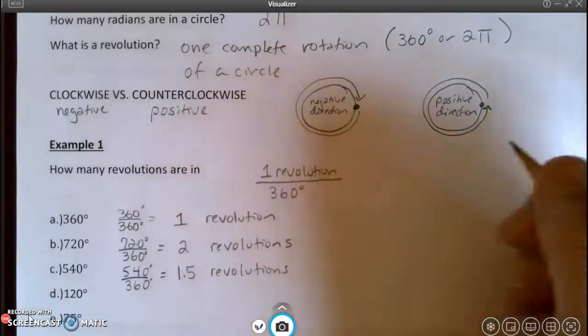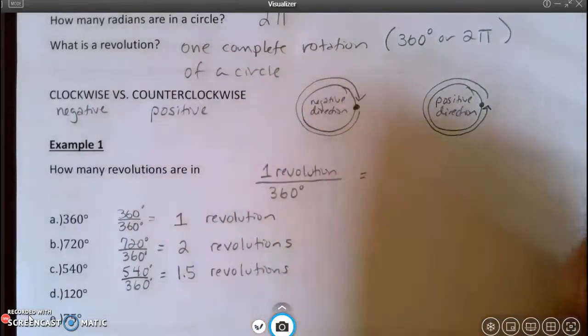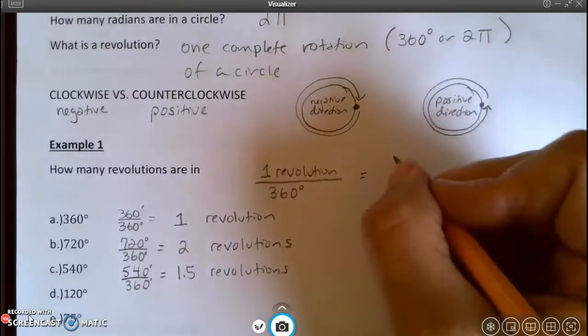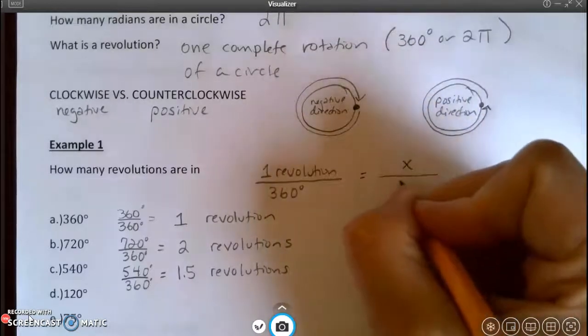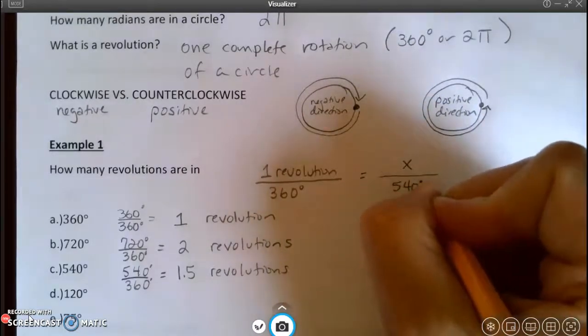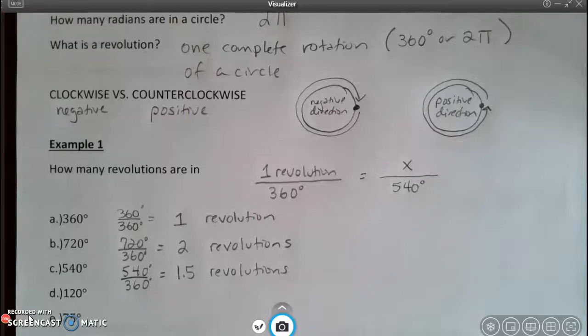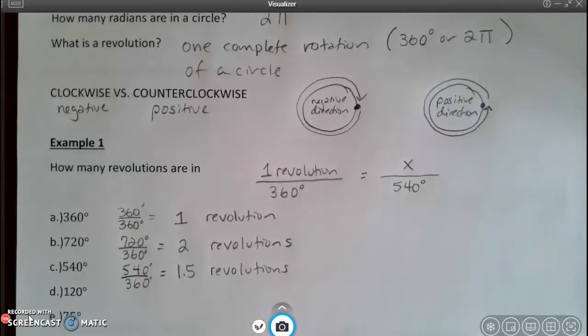You could set it up if you needed to as a proportion and say, so how many revolutions are in 540 degrees? So if you're not going to remember to divide by 360, you could also set up a proportion and solve that proportion by cross multiplying. It's just another way to do it.